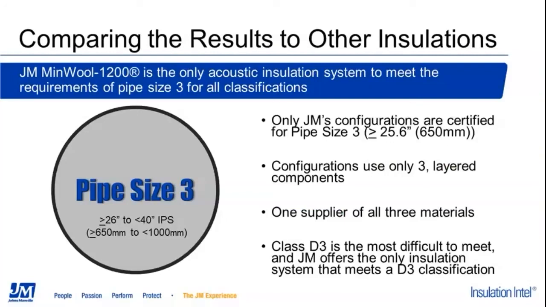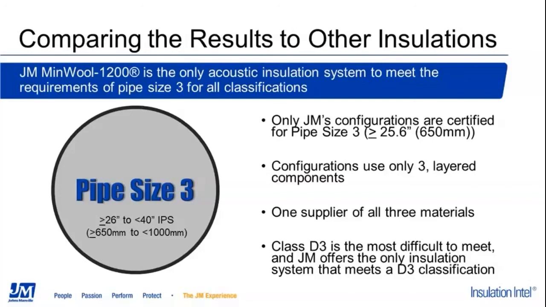It's important to know that you cannot assume that an A2 system meets the requirements of A3, because the acoustic behavior of the larger pipe size is different and does need a treatment specific to that diameter and mass of pipe.